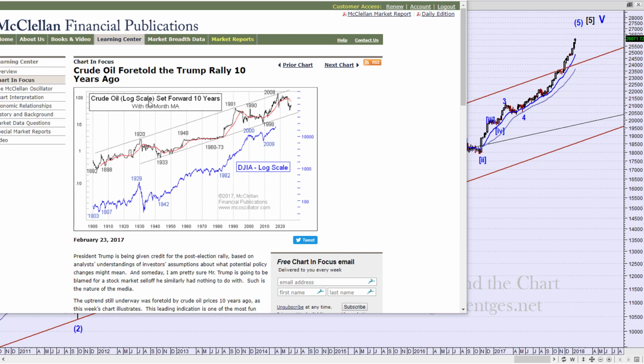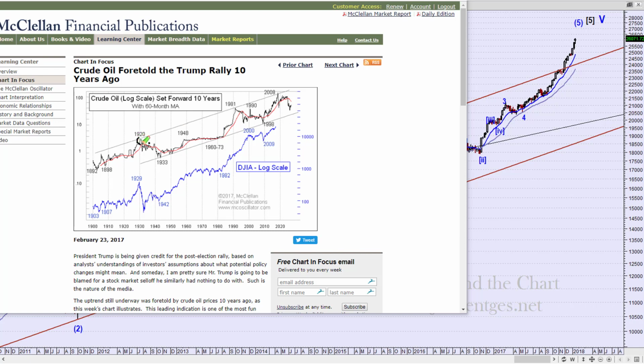When crude oil, which is in a log scale here, is set forward 10 years, which means you take this actual tracking of crude oil and move it forward 10 years, like this was the high of 1920, you move it forward to align with 1930. They found that the forecasting of this for the stock market, for the Dow Jones Industrial Average, was very close. Now, again, nothing is ever perfect, but they found it was very close.